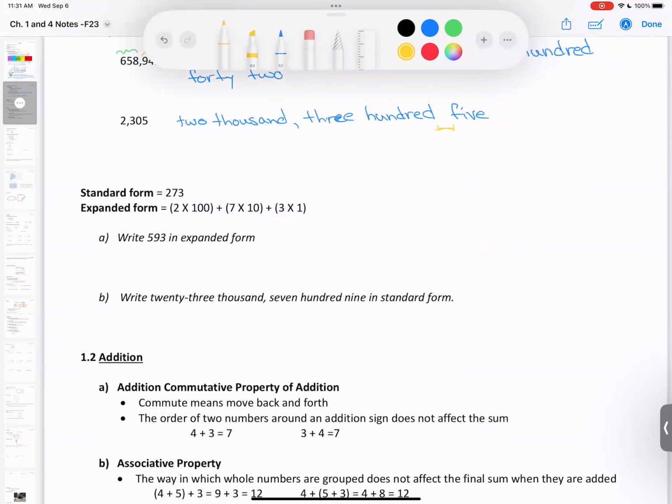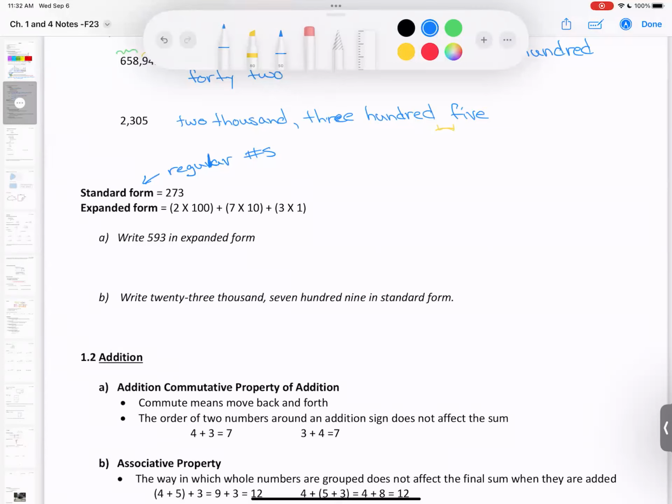Okay, last bit here is just talking about standard form and expanded form. So standard form, I'm going to call that the regular numbers you see. Expanded form is kind of showing that you can interpret those numbers and understand what they mean. So if you look at the normal standard form number 273, well, what does that really mean? Well, what it means is you have 2 hundreds.